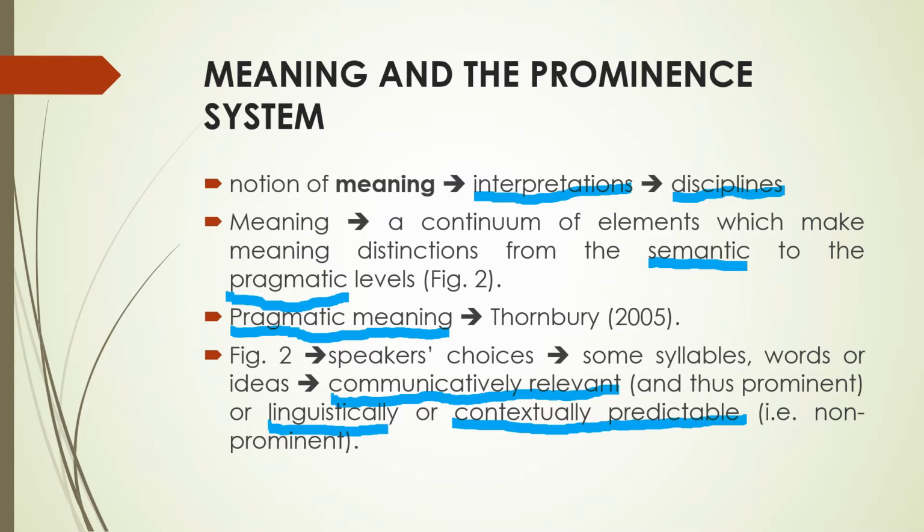For example, in semantics, the concept of meaning is quite different from the concept of pragmatic meaning. And so the concept that we're going to use is meaning as a continuum of elements which make meaning distinctions from the semantic to the pragmatic levels. And this will be seen in Figure 2.